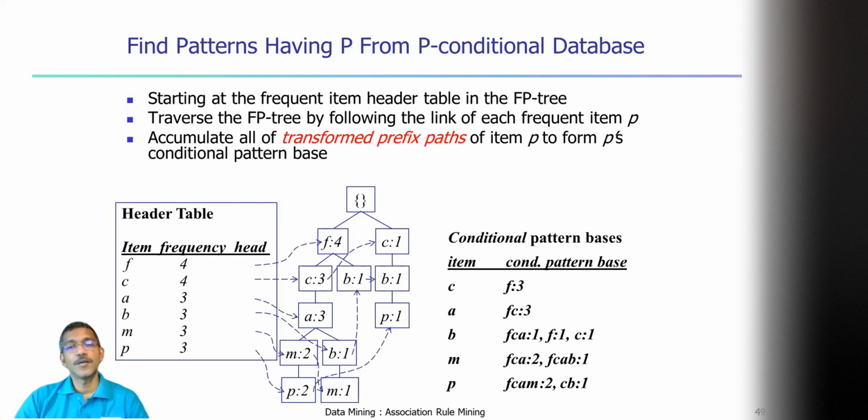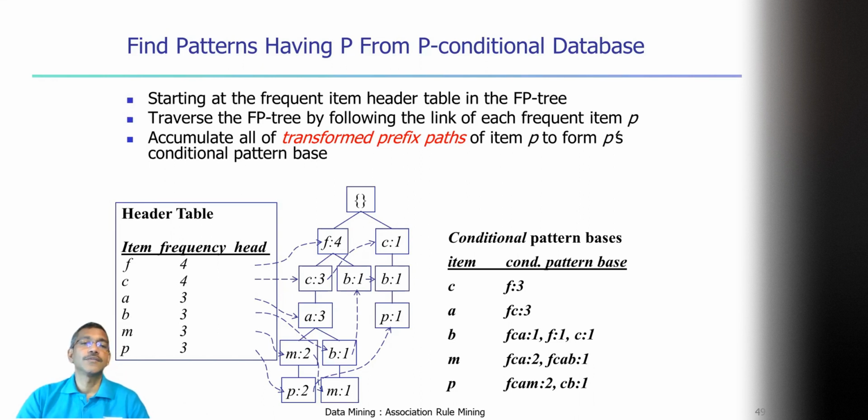So what we do is we take each item. If you follow this table that we have on the right hand side, we show you the multiple different frequent patterns that are there, and also the frequency of those patterns.